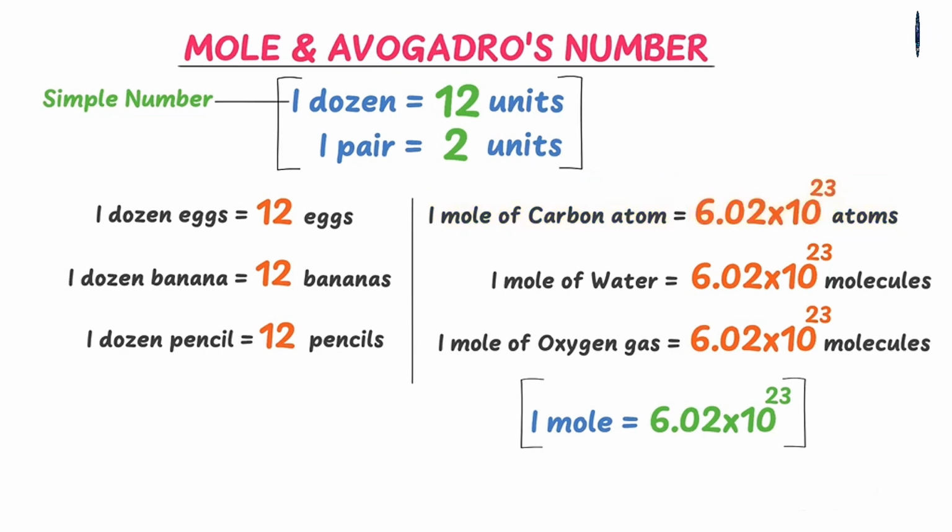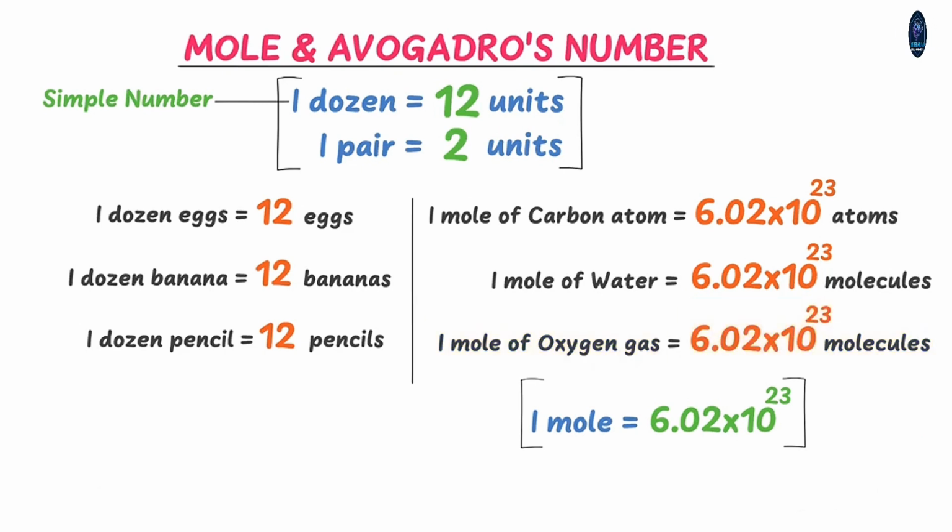Water is made up of many molecules. If you take 1 mole of water, it contains 6.02 times 10 to the 23 molecules of water. Oxygen gas is also made up of many molecules. If you take 1 mole of oxygen gas, it contains 6.02 times 10 to the 23 molecules of oxygen.